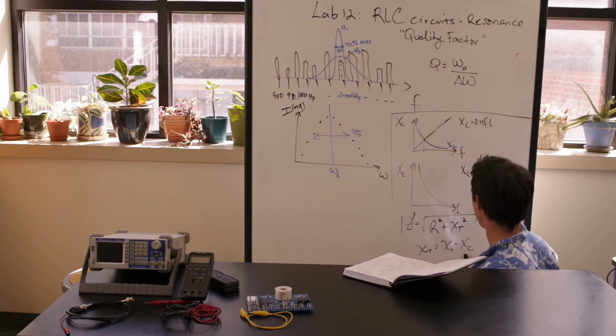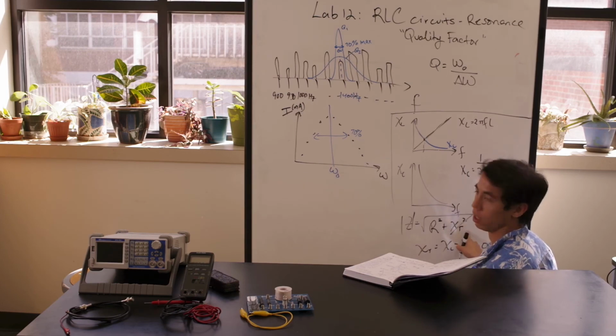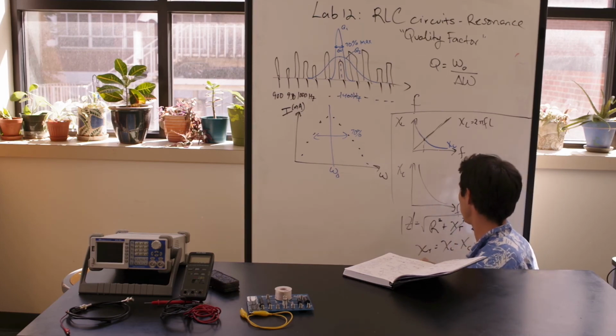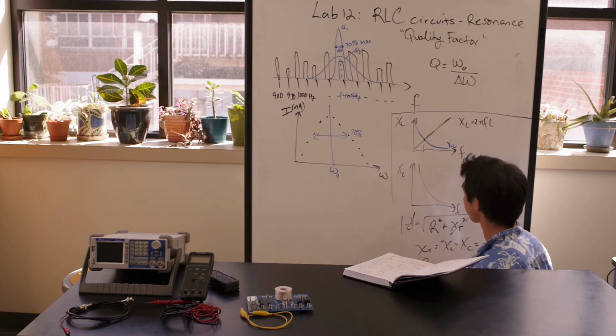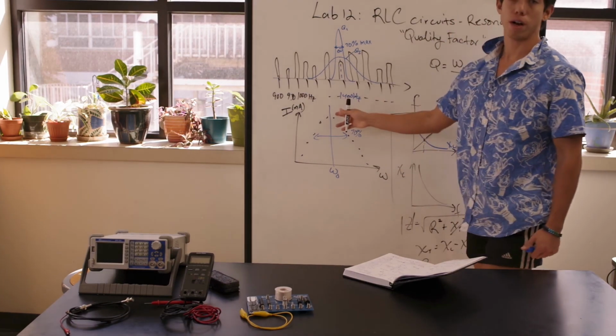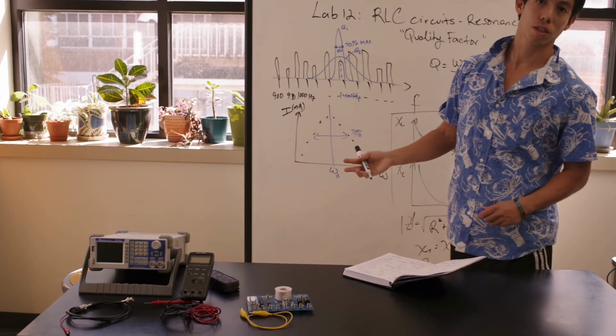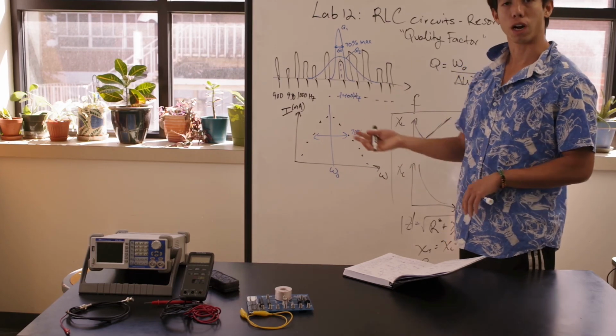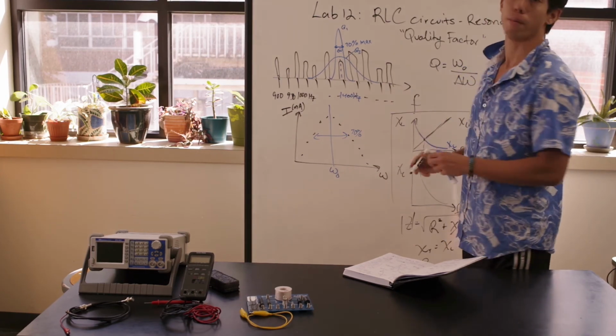So chi sub L minus chi sub C, if they're both equal, that is 0. And this entire term goes to 0 in the impedance calculation. Therefore, our impedance is just equal to resistance. So current is maximum at resonance because the impedance to current or flow of charge is actually minimized at that point.